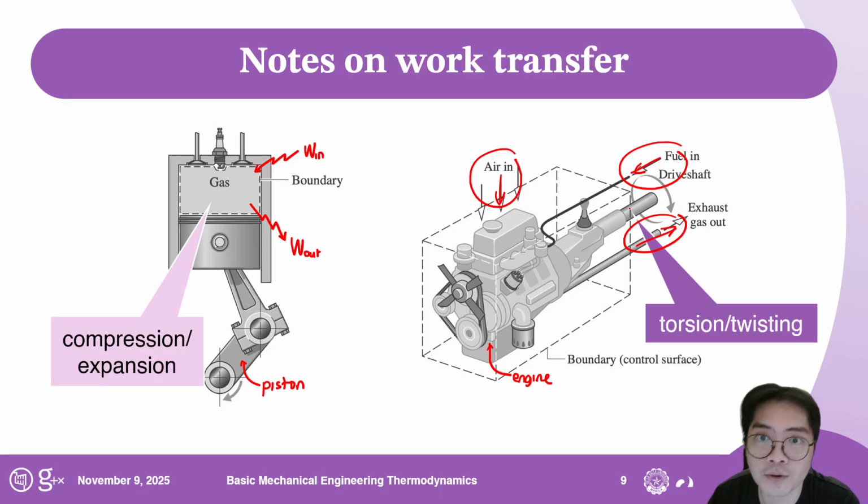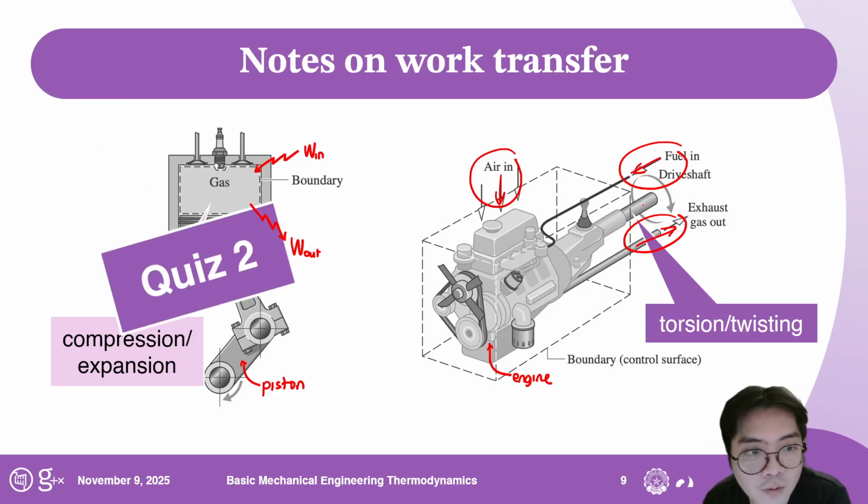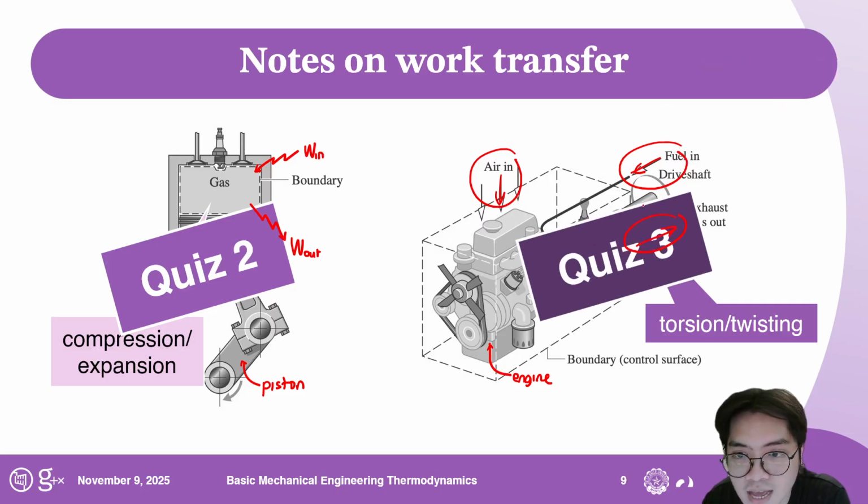And so now, when you are thinking of a process or a device and asking whether it has any work transfer, you just have to ask yourself: is it moving, shaking, vibrating, rolling, whatever? If it is not doing any of those things, if it's just stationary, there is no work. Okay. All right. So that was our quiz 2, and this is now the coverage of our quiz 3.